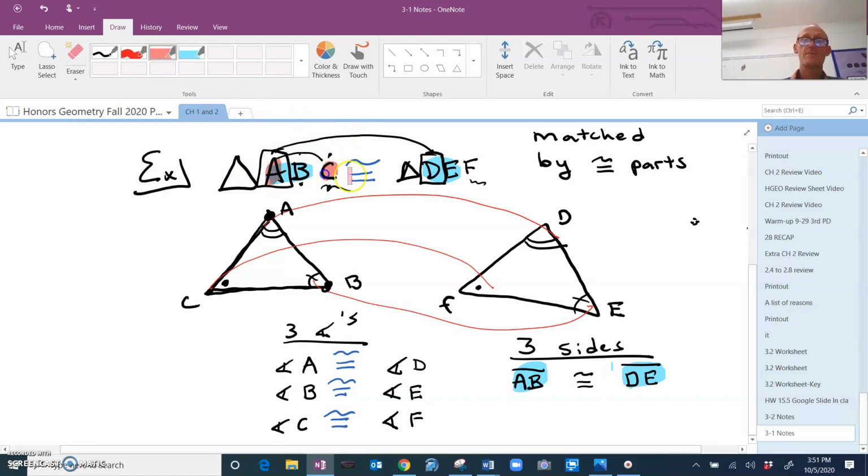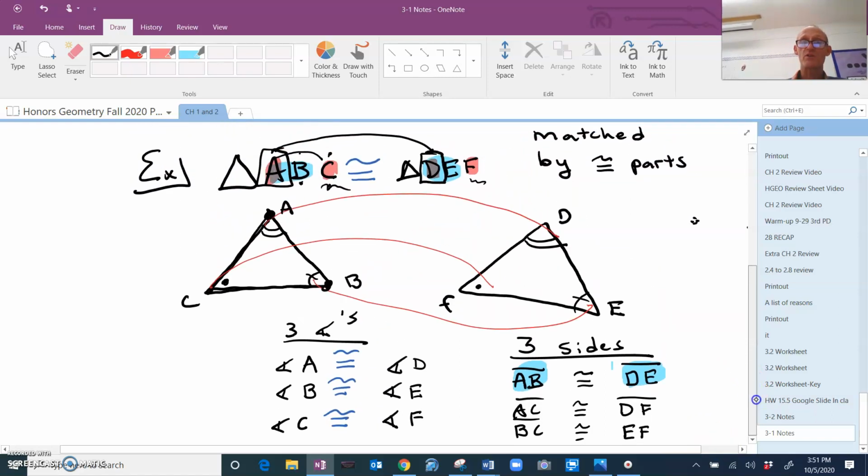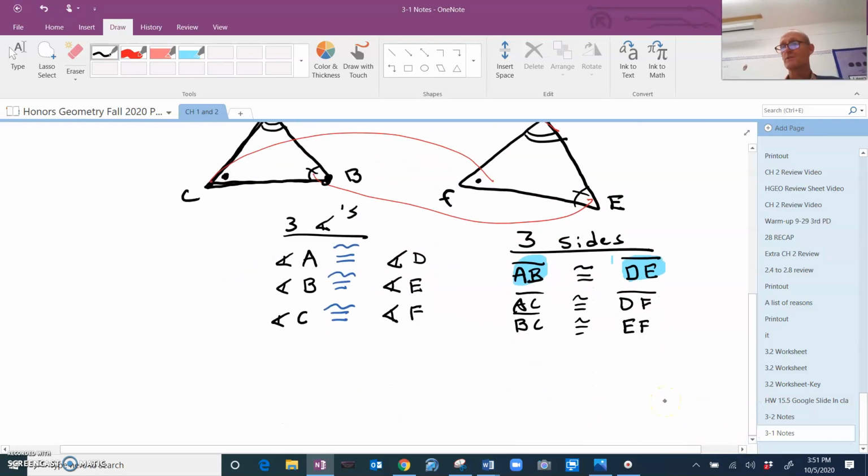Okay, so AC matches up with DF. And then the third side would be BC, matching up, corresponding to EF. Okay, so all those six corresponding parts have to be matched up when the triangles are congruent. All right?